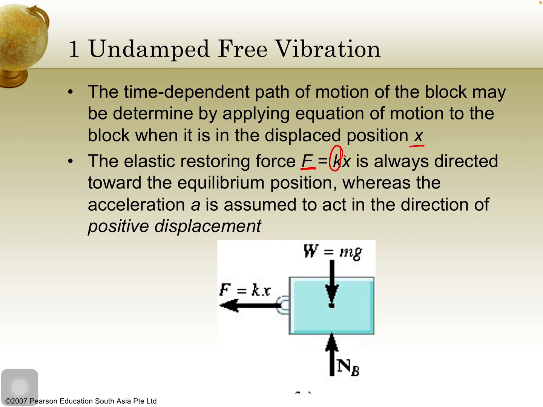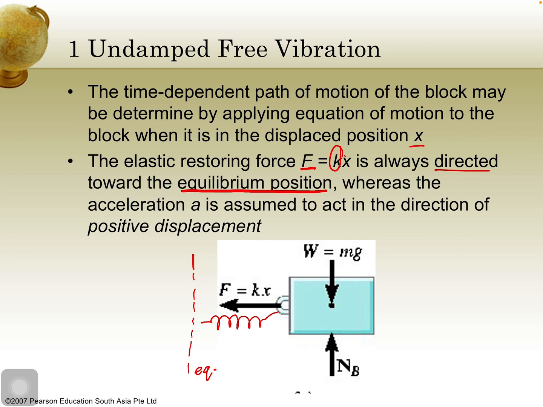And this force is always directed toward the equilibrium position. So we have the spring right here, and this is the equilibrium position. The force will always be directed to the equilibrium position.